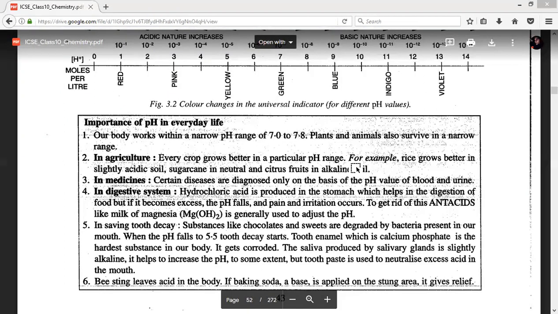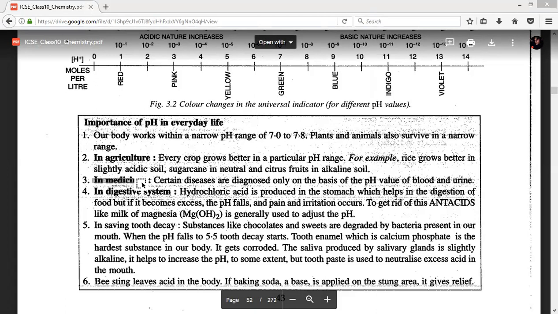If we want to grow rice, it will grow in slightly acidic soil, meaning we have to maintain acidic soil there. For sugarcane, the soil should be neutral. For citrus fruits, it should be alkaline in nature. It means we have to maintain different types of pH in the soil so that different crops can yield properly. Now coming to the field of medicines.